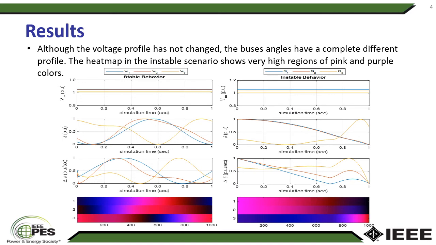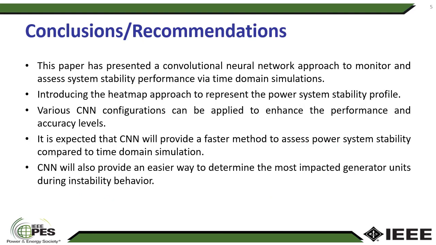So in a stable region, mixed values occur, but in an unstable region, the dominant colors are usually pink or purple. By identifying these colors, we could use these images to train the convolutional neural network and be able to forecast the system stability in advance.